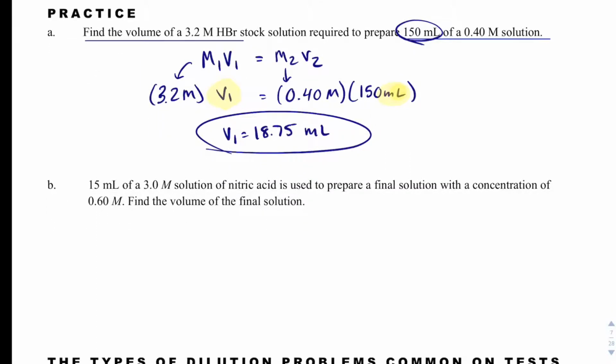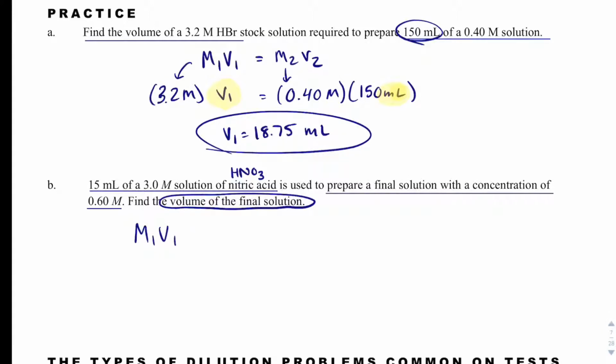Okay, in B it says we've got 15 milliliters of a 3 molar solution of nitric acid, which is hydrogen nitrate, and we want to prepare a final solution with a concentration of 0.6 molar. We want to find the volume of the final solution. So write the formula that you're using always, M1V1 equals M2V2.